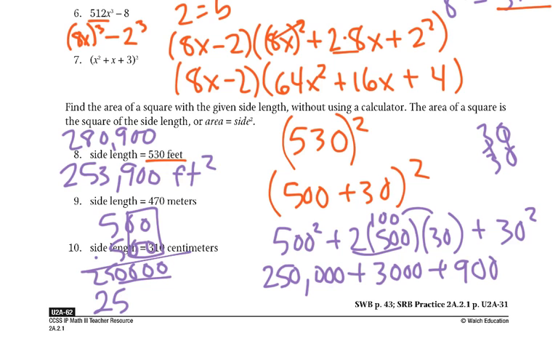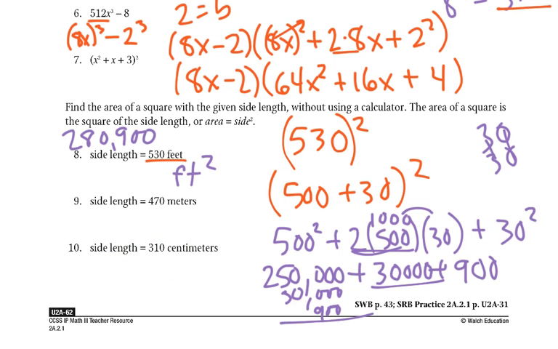So, oh duh, that should have been 1,000. So 1,000 times 30. So that should have been 30,000, which would make it, there we go. Okay, so we had the right process, it's just made a stupid mistake. So that would add up, right, like this. So we'd end up with 280,900. There we go, much better.